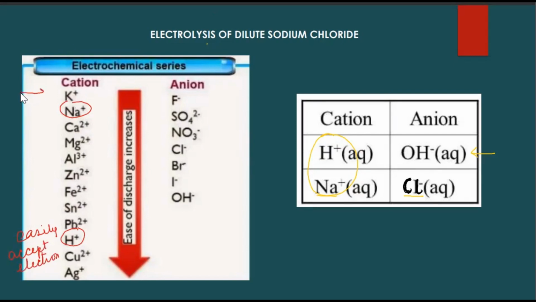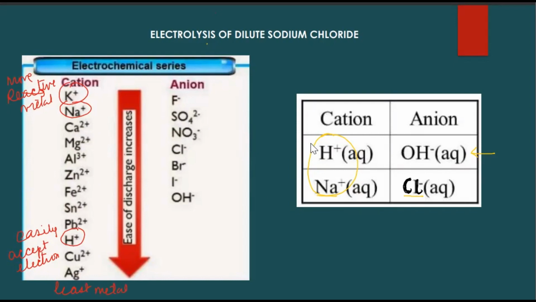On the top we have the ions of the more reactive metals, which prefer to remain in their ion form, so they have difficulty in accepting electrons. Whereas the least reactive metals at the bottom prefer to remain in the metal form. That is why as you go down the series, they prefer to accept electrons.